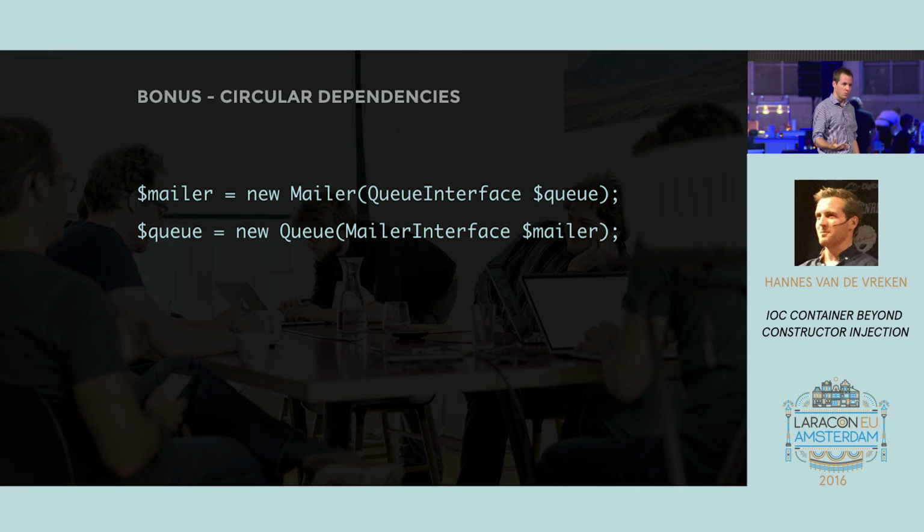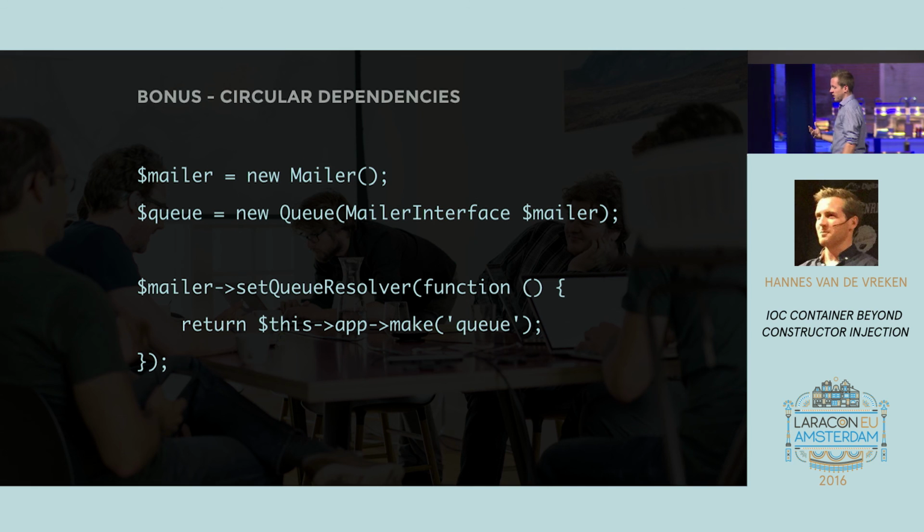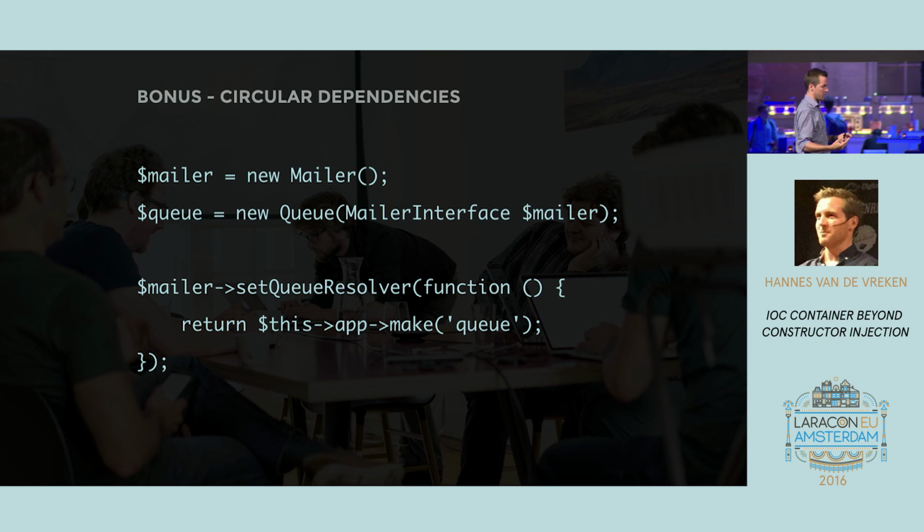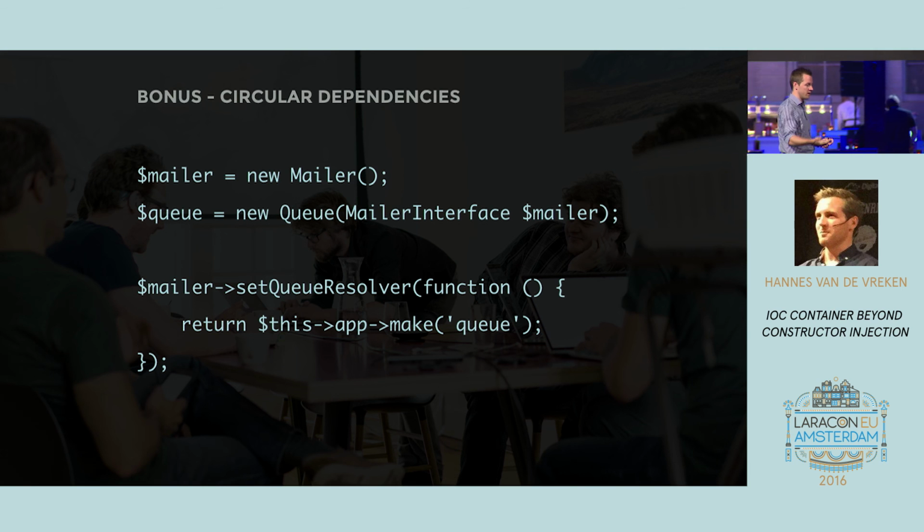To solve that, we're going to use the same technique as we used with soft dependencies. For the mailer, you can use either the mailer or the queue to make a soft dependency. So in this example, I'm going to make queue a soft dependency of mailer. So we new up a mailer first, and then we can set a queue resolver. This queue resolver allows you to make a queue only when it's needed. We can do the same with queue as well.